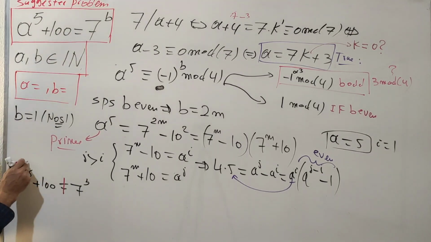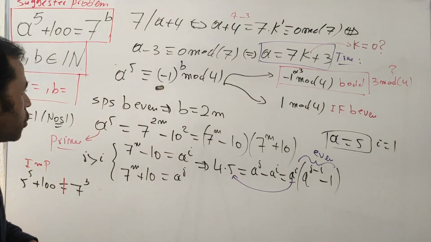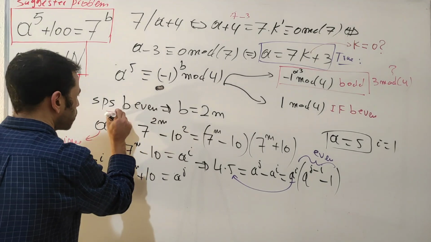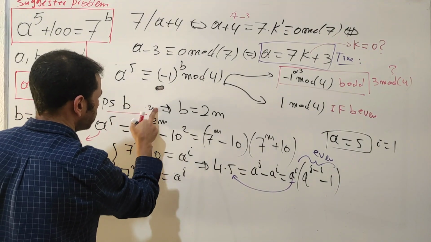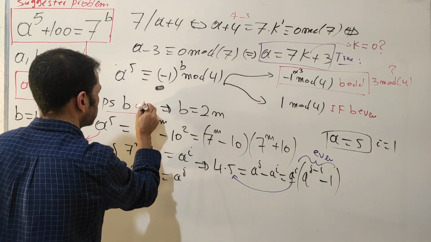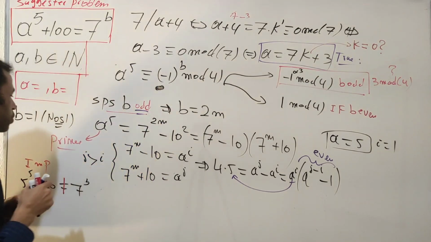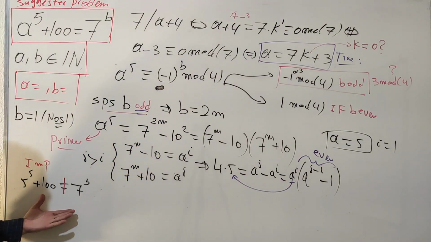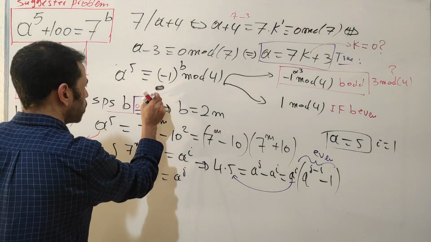Okay, this is impossible, so which means we have a contradiction here. What have we contradicted? We have contradicted this assumption. b cannot be even, which means b must be odd. Why? Because of this proof. We have shown the contradiction. Our assumption was wrong, which means b must be odd.